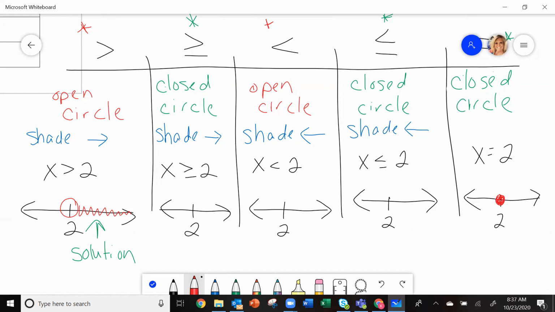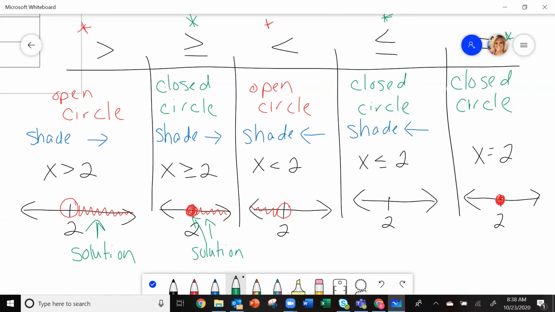The next one says x is greater than or equal to 2. So you're going to use a closed circle and shade to the right. Everything that is in the shaded area and 2, those are solutions. That's because they're equal to it. Less than means open circle, shade to the left.